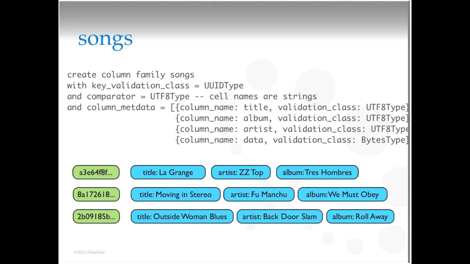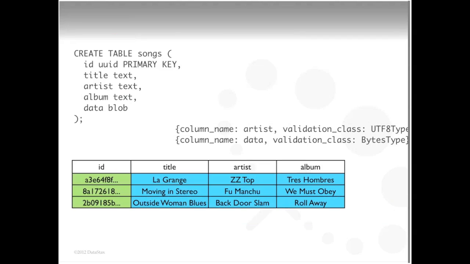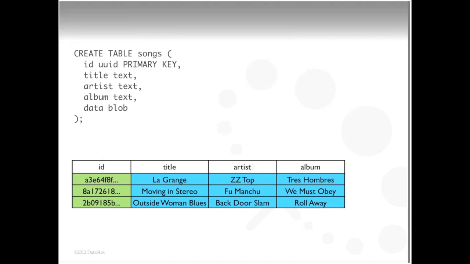When we move to the CQL representation, this looks a lot more familiar because I define my columns up front, and then I just need to list the column value for each of those. You can see how the table definition itself is that much more compact and straightforward.